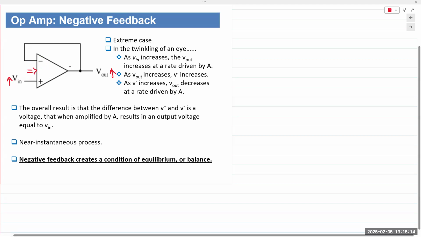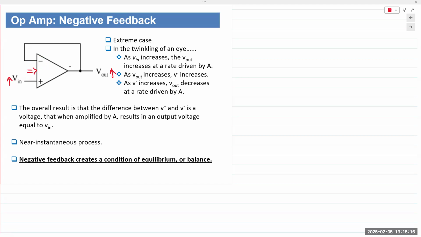Because that is forced down to 0, Vout goes back down. It's a loop, and that loop happens at a very fast rate. I wouldn't say instantaneously, because nothing takes place instantaneously, but it happens very quickly. You connect your circuit, apply the input signal, flip the switch on, and before we can blink, output is equal to Vin.